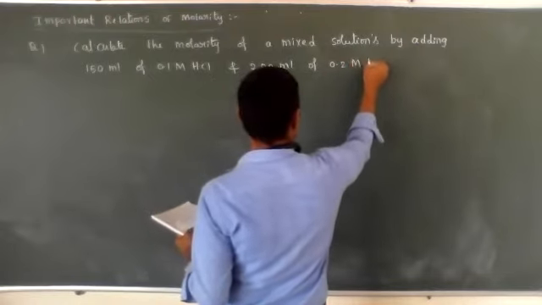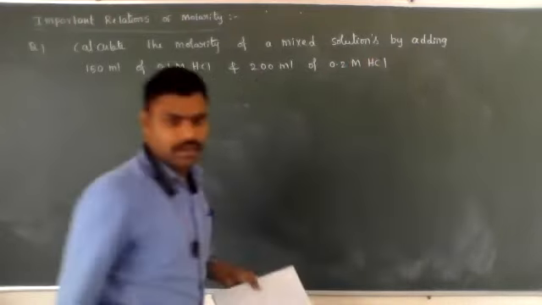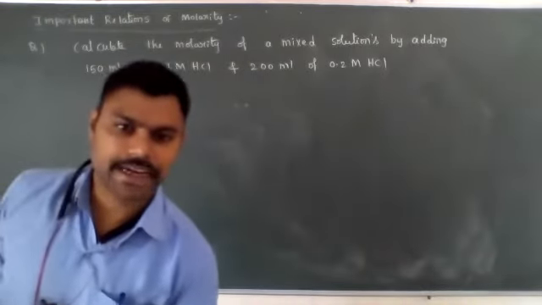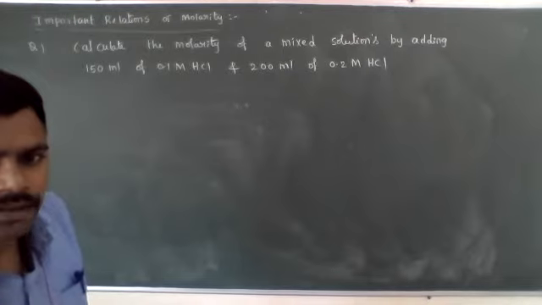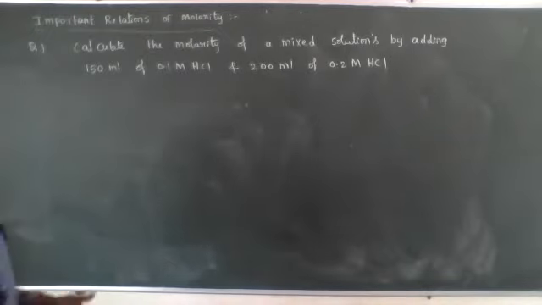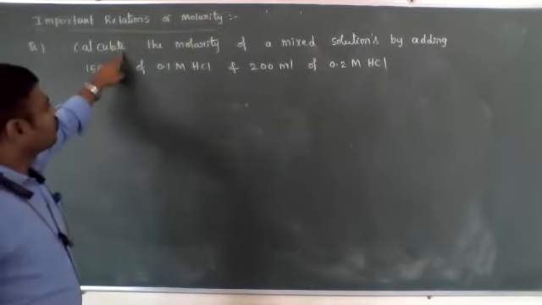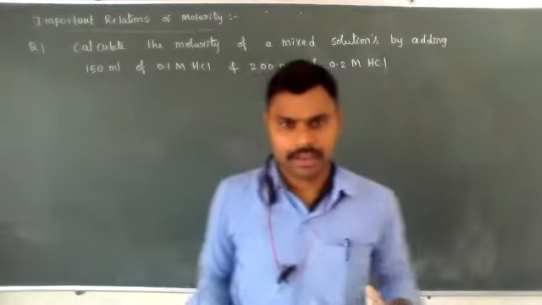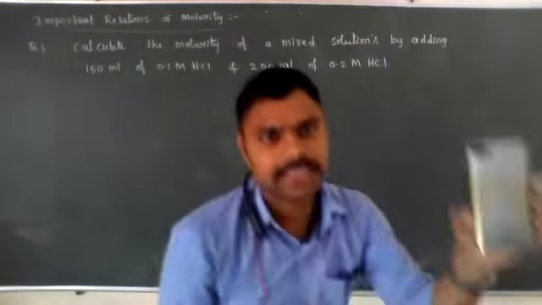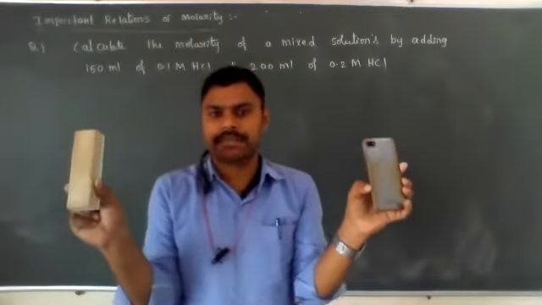See, so we are mixing the same kind of solutions. What are the same kind of solutions? HCl only we are mixing, but their concentrations and volumes are different. So here we need to calculate the resultant molarity or final molarity. Imagine that this is one beaker and this is another beaker.